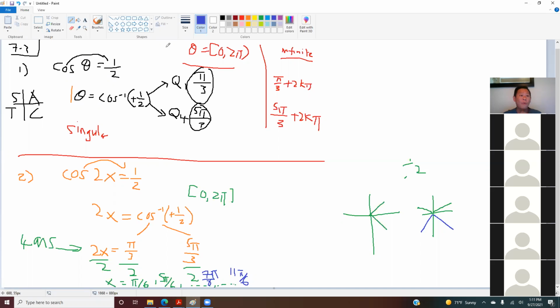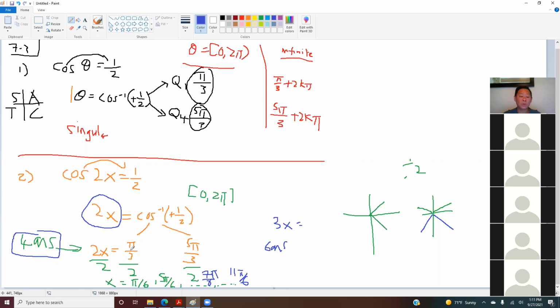So this is something that I want to point out to you guys: once you get a double angle, your answer will be double. You have 2x, you will get 4 answers. What happens when this 2x is a 3x? Then you do not have 4 answers, you will have 6 answers in this case.